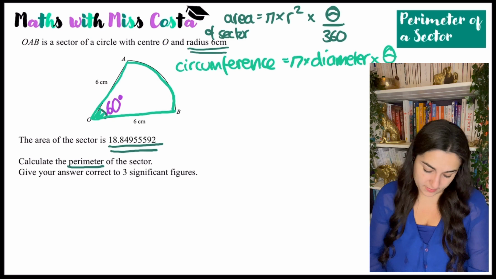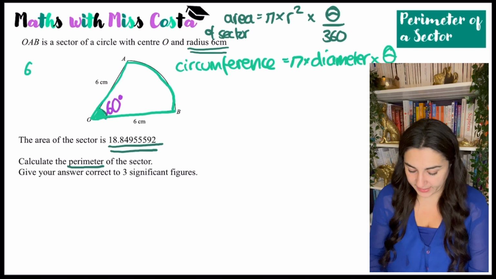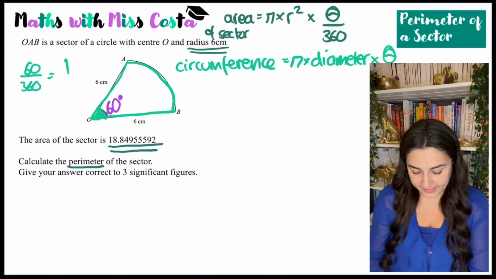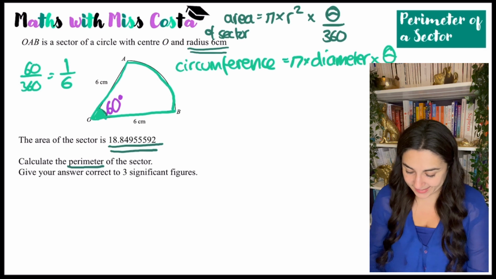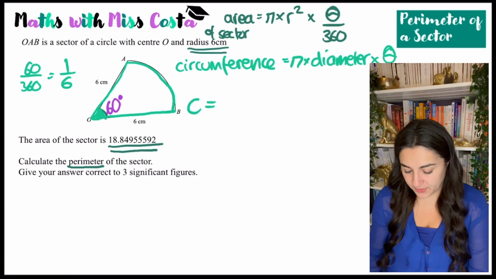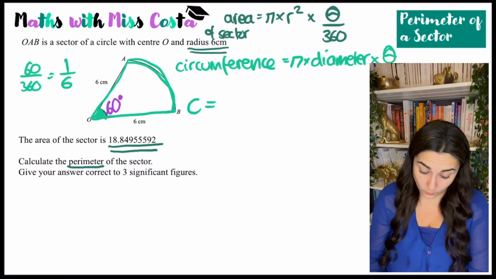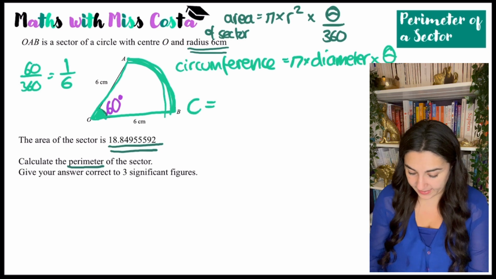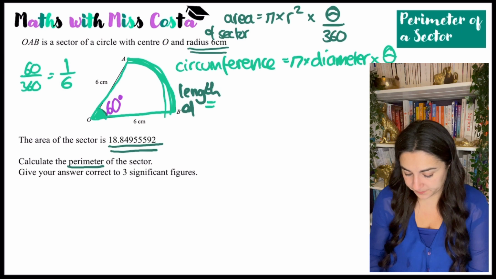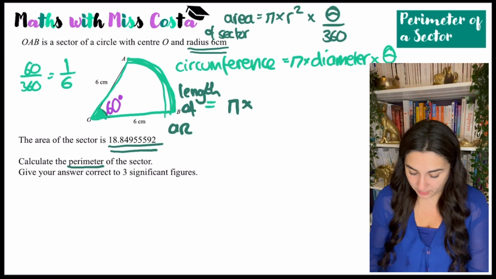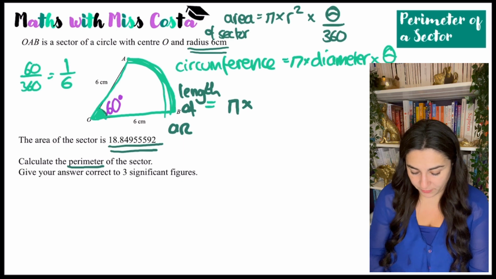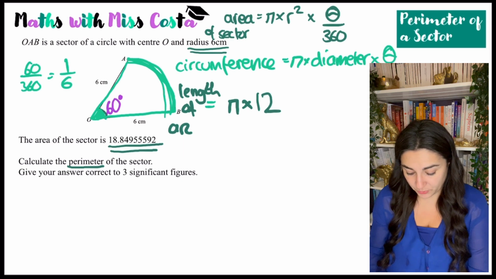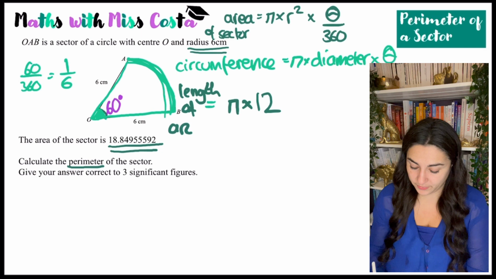Now I know that this angle here is 60 degrees, and 60 over 360 simplifies to a sixth. So I'm just going to work out the length of this arc here. So I'm going to change that to just length of arc. I'll work out the circumference of the whole circle, which is pi times the diameter. So if the radius is 6, the diameter would be 12, because the diameter is double the radius.